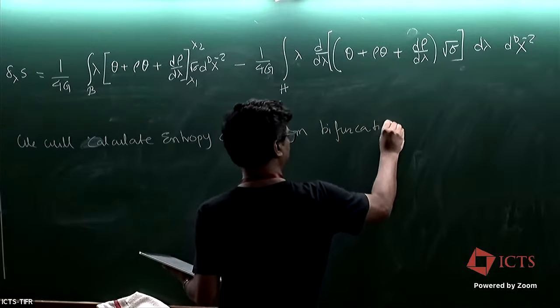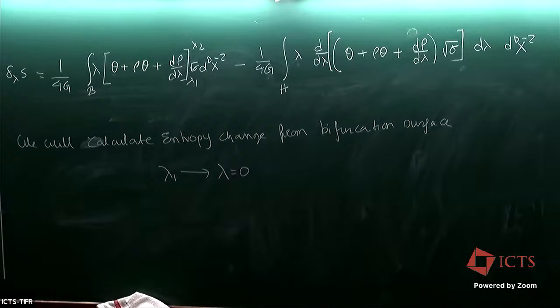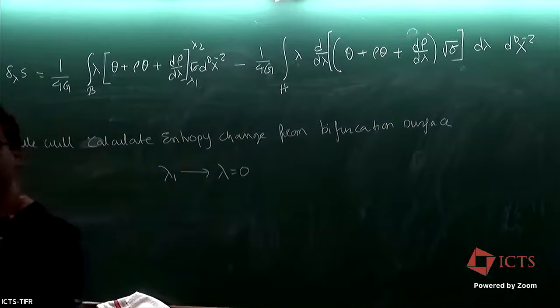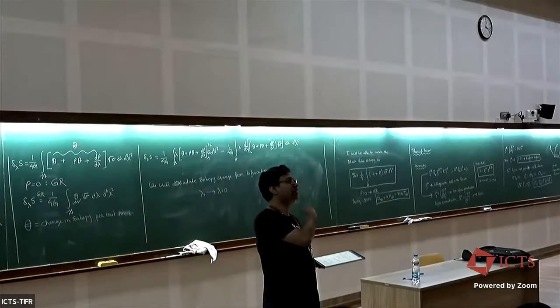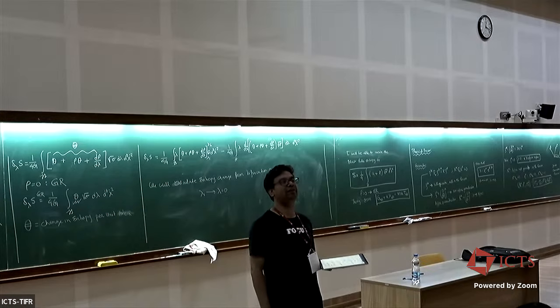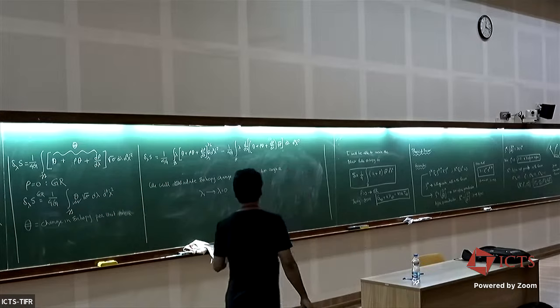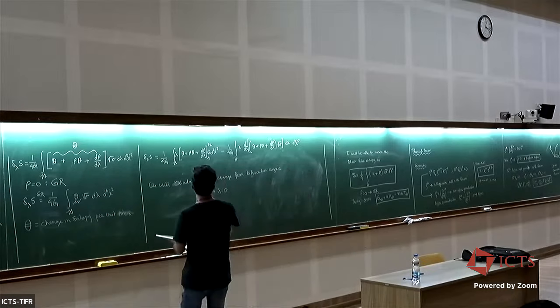That means my lambda 1 is set to lambda equal to 0. We want to calculate the entropy change between any two surfaces, so I will calculate the entropy change starting from the bifurcation surface of the unperturbed horizon. And at the bifurcation surface, according to our construction, what is the value of lambda? 0. So the boundary term evaluated at the bifurcation surface will give me 0.